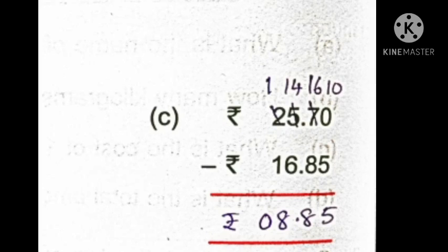This 2 becomes how much? 1. Why does it become 1? From 2 we borrow 1 here, so this 2 becomes 1. 1 minus 1 is 0. We have to write the rupee symbol here. So what is the final answer we got? Rupees 8.85.